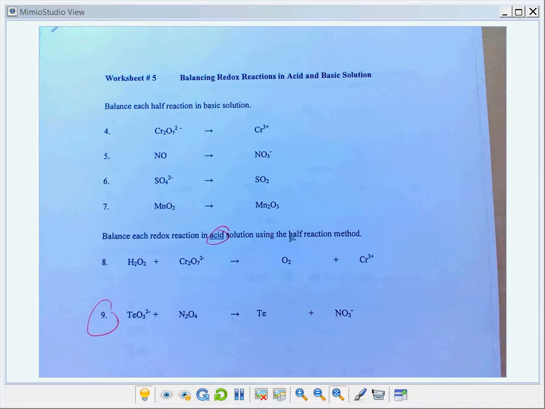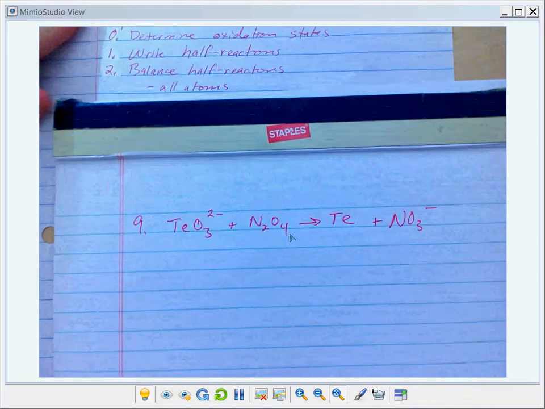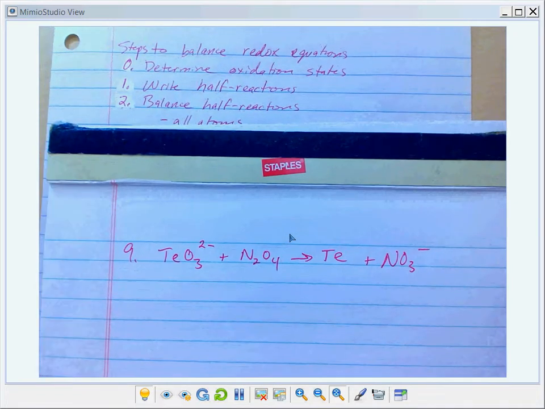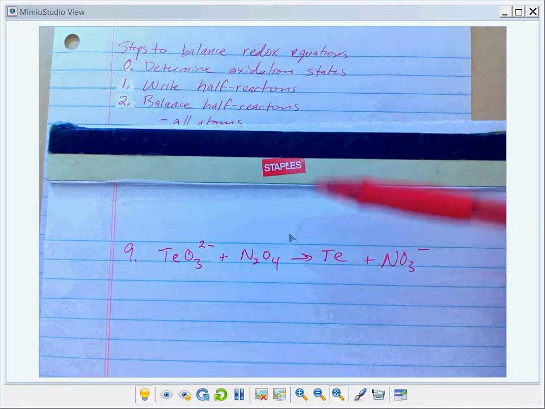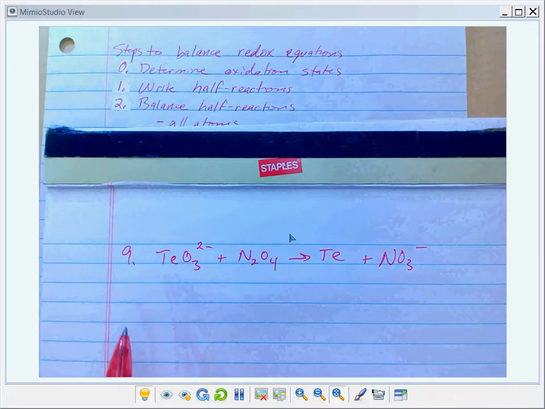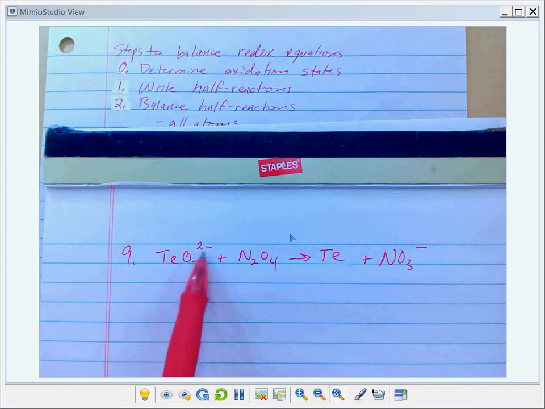Okay, I've written number 9 on this piece of paper because we want to have a lot of space to work. So the first thing we're going to do is determine the oxidation states in the reaction. In our tellurium oxide right here, you notice that the entire tellurium oxide ion has a 2- charge. That's not the charge of the oxygen atom, that's the charge of the entire species, the entire ion.